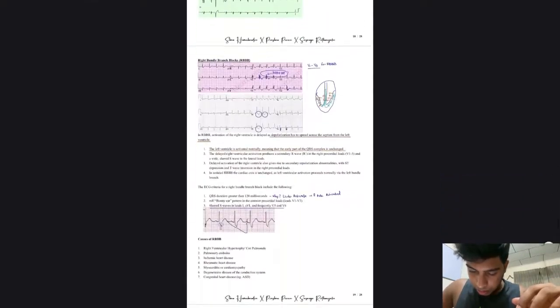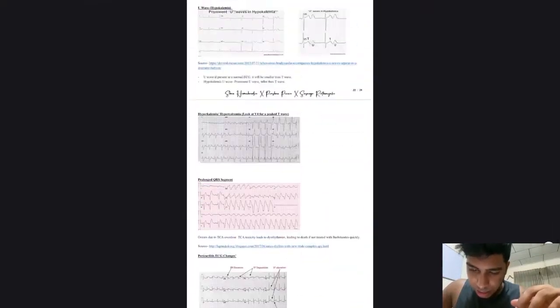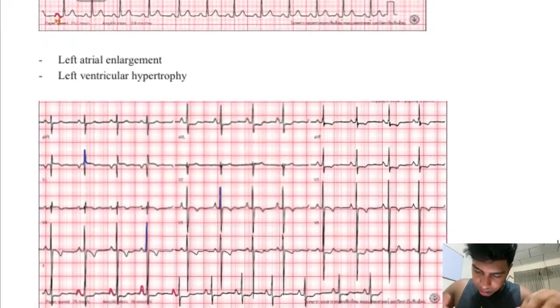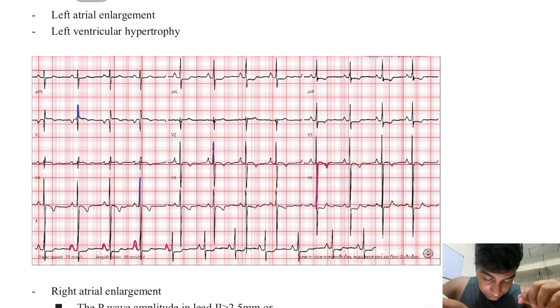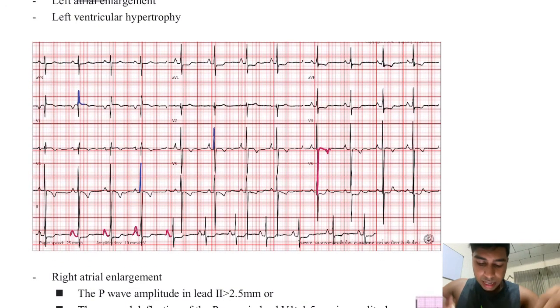So we'll go back to the ECGs. Actually these ECGs are not that good, but basically in V5, V6 you get a dip. You can see this large dip in this wave. In V1, V2 you get a large wave, but this is actually an ECG for atrial enlargement.